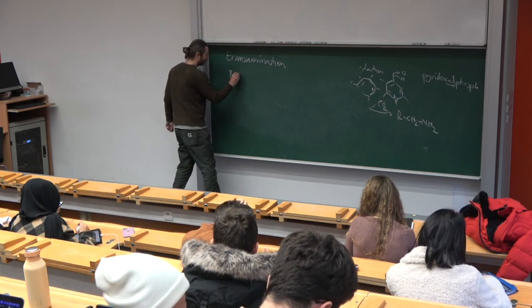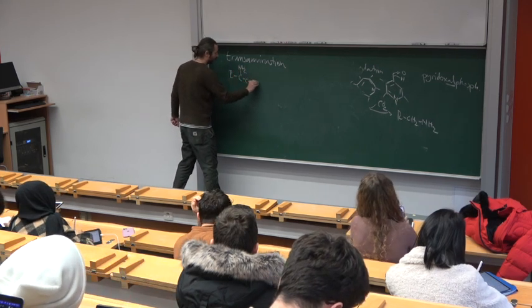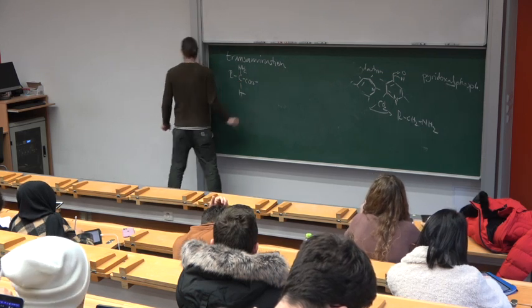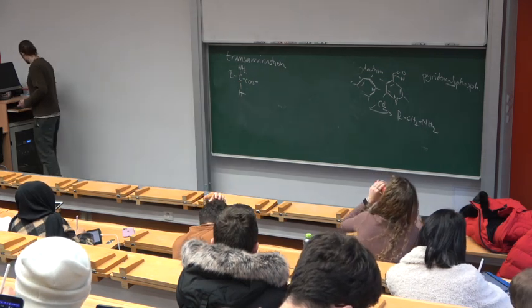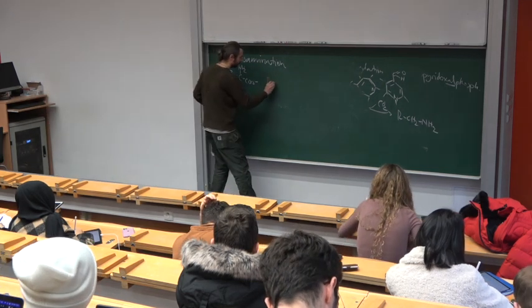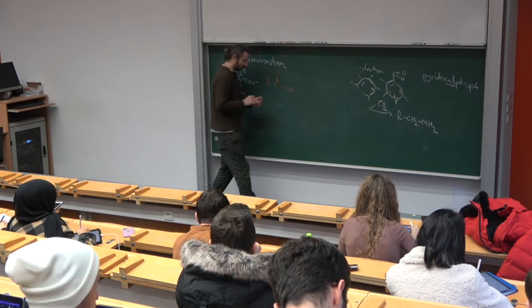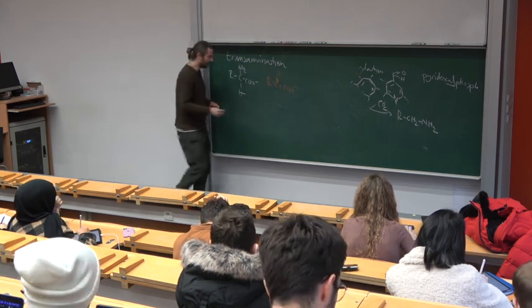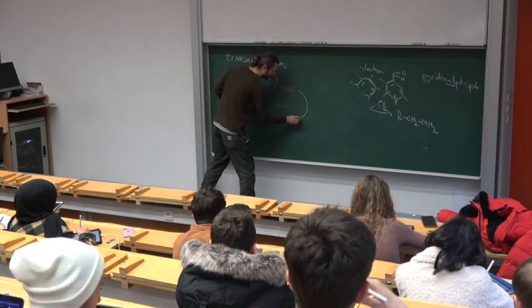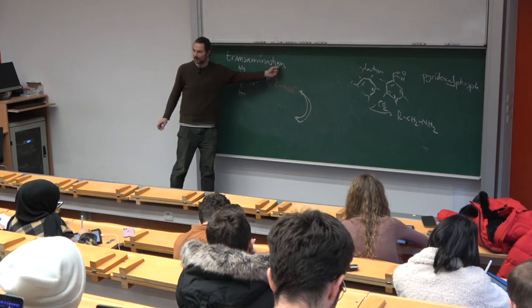So we can have an alpha amino acid looking like this. I'll use a different color for the oxo acid. Okay? And the transaminase enzyme takes this amino group and moves it here.